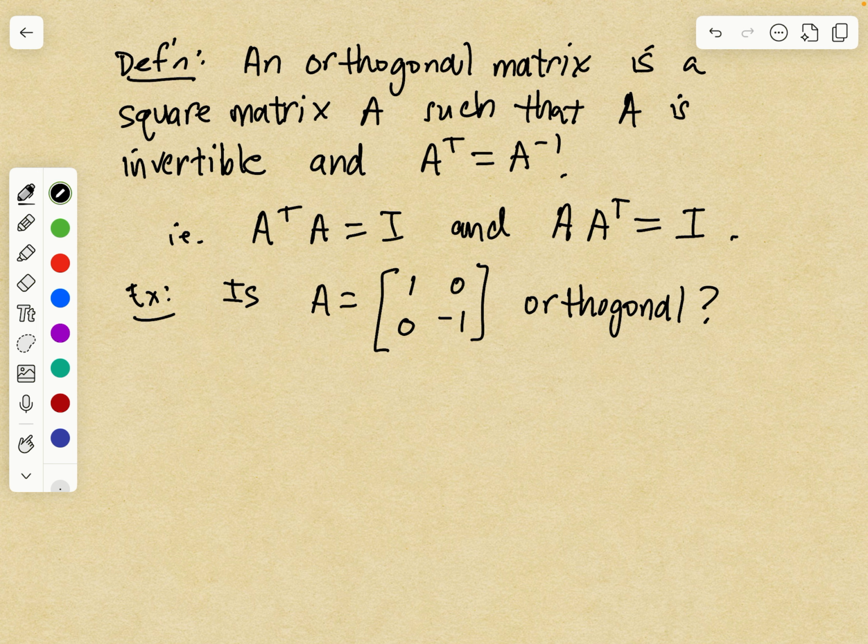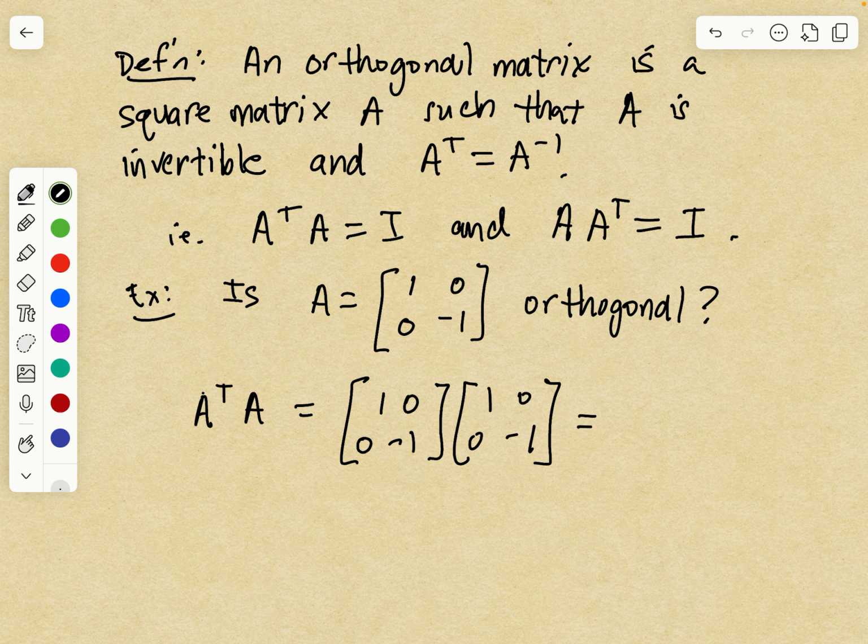If A transpose A is the identity matrix, then A is orthogonal, otherwise it's not orthogonal. So let's figure out A transpose times A. Actually, in this case, A transpose is equal to A. And if you multiply A transpose by A, you do in fact get the identity matrix. So A is orthogonal.